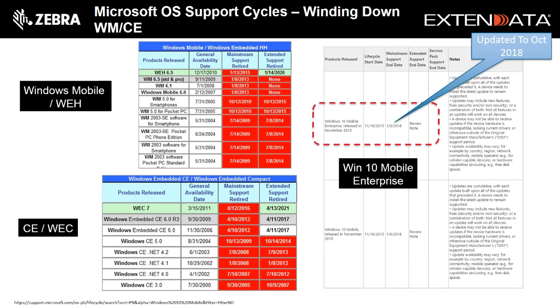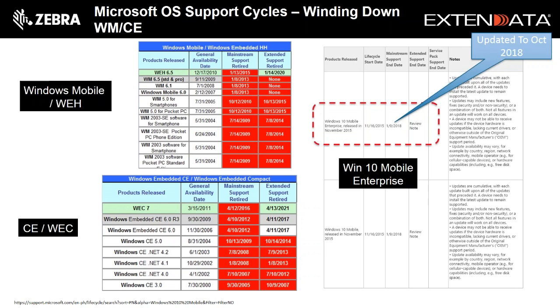Okay, so that's true for Windows Mobile and CE. Today, what's posted on their website for Windows 10 Mobile Enterprise, the current mainstream support date that's been made public, we've been asking Microsoft to do some extended support, they haven't replied yet, is January 9, 2018. So that's also a significant issue right now.